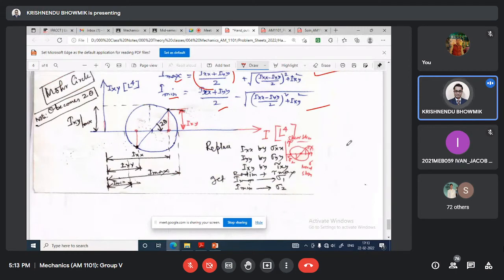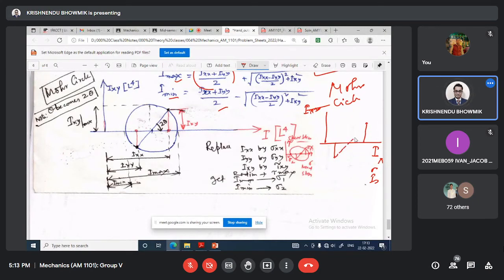So what can we do? We can draw one circle called Mohr's circle. How do we draw it? This is the I value, Ix or Iy value. This is the Ixy value. So one point is say Ix, Ixy. The other point is Iy, minus Ixy.